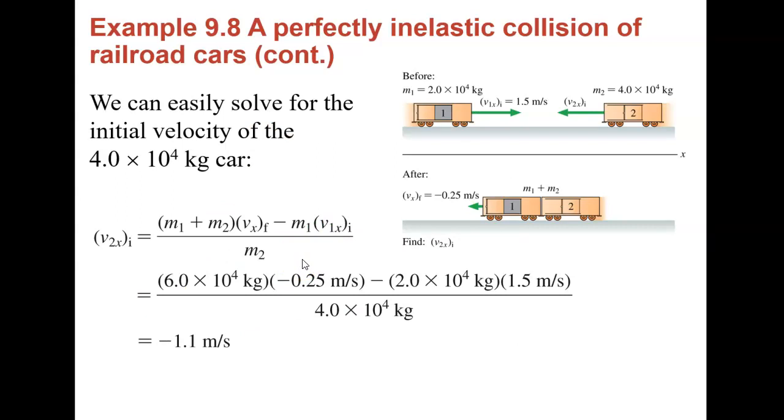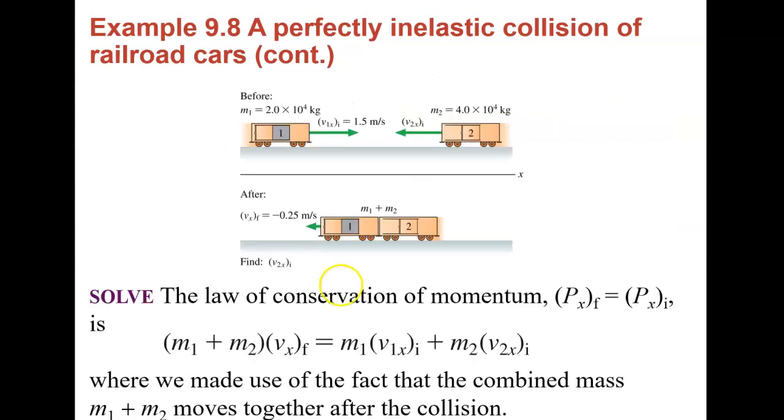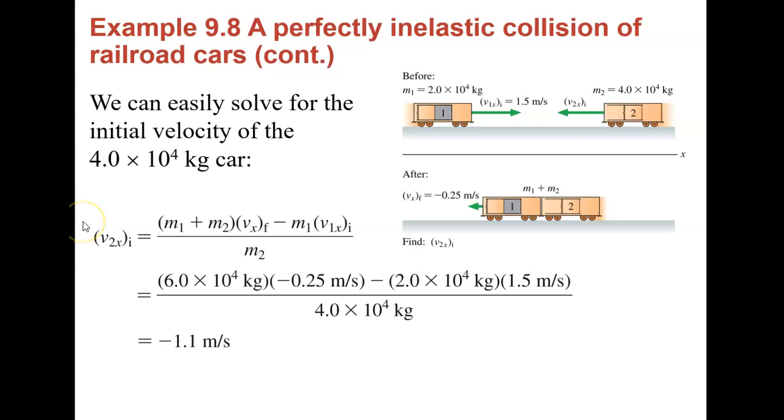Because of this formula right here, we're going to solve for V2 initial. To solve for V2 initial, you take the momentum afterwards minus the momentum of the lighter car initially, divided by the mass of the bigger object. The total mass is 2 times 10 to the fourth plus 4 times 10 to the fourth, which is 6 times 10 to the fourth kilograms.